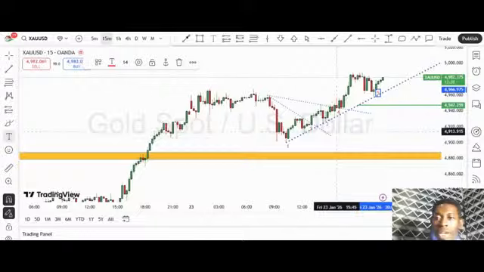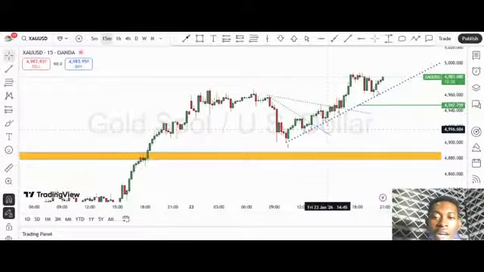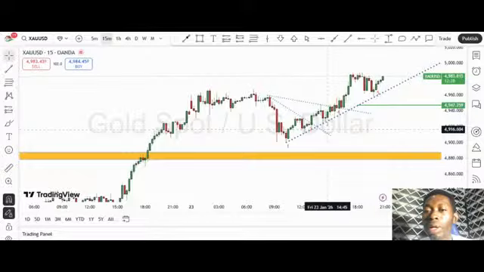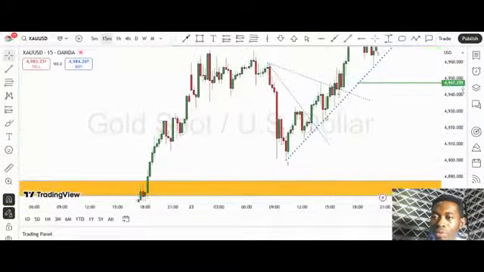You start looking at the third touch. If at the third touch you are seeing a rejection candle, it means price is about to bounce back. Then you can make an entry at that spot.